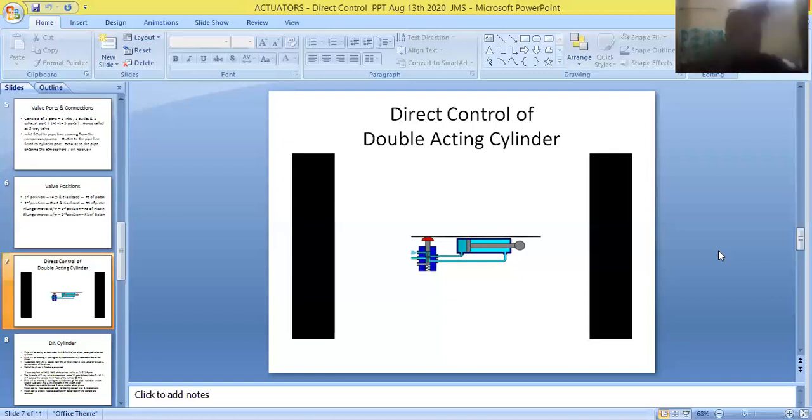So I have given all the information pertaining to single acting cylinders and also pertaining to double acting cylinders. I request all of you to go through these slides so that you will get exact information about this control of single acting and double acting cylinders.